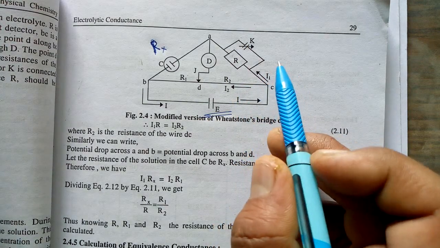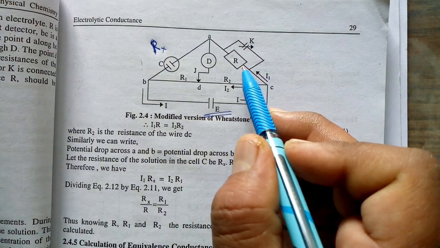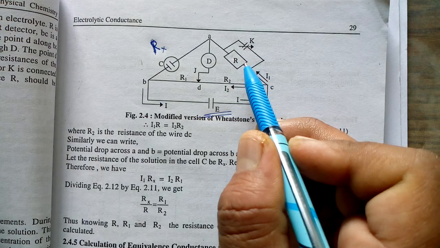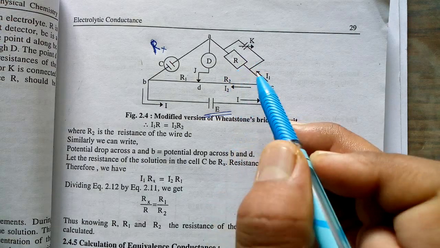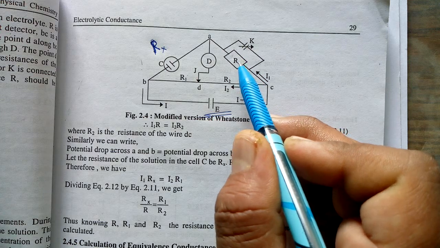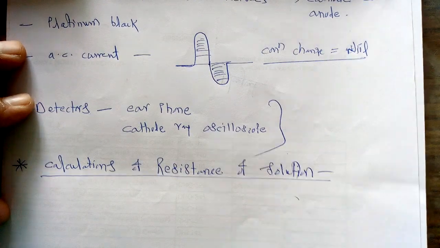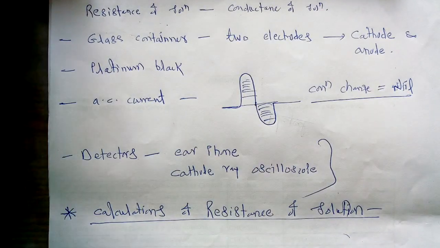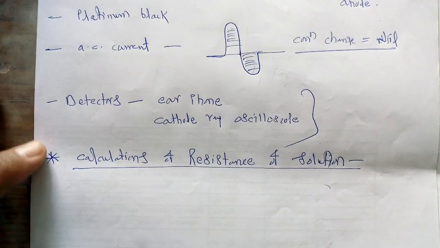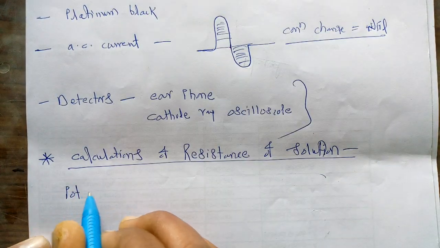When current I1 is transferred to the resistance R, what happens? Whenever a current is passed through a resistance, there is a potential drop.